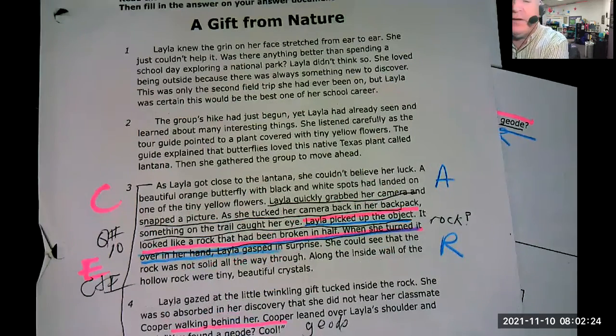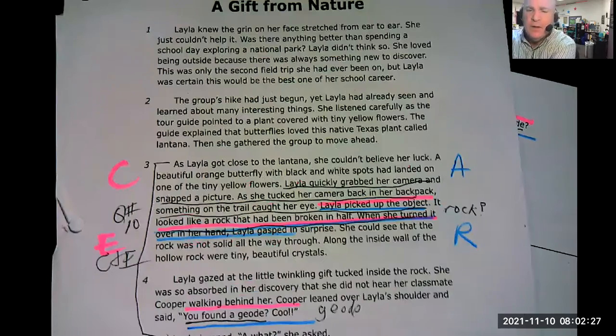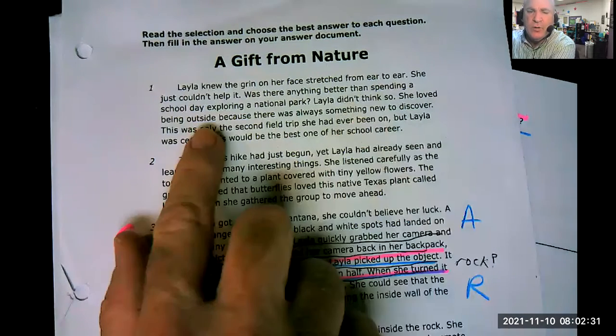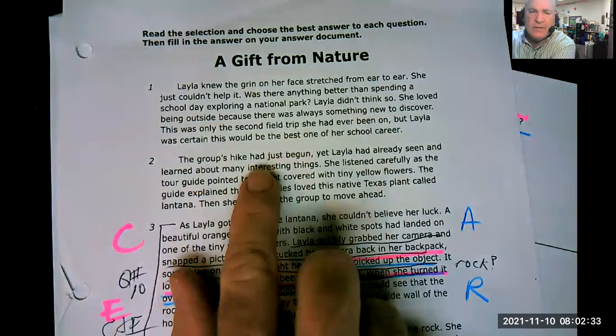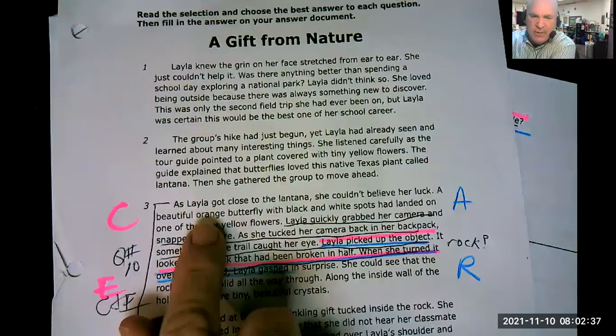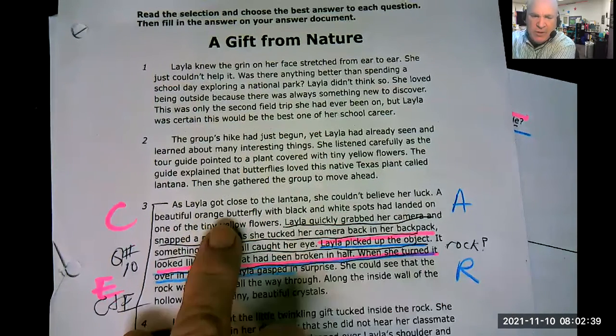And the timer has started now. I'm going to be looking through here, looking for geode, a rock, because it says finding the geode. Keep going. I don't see anything about geode yet. I'm just looking for those magic words.